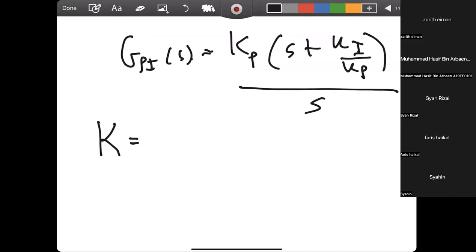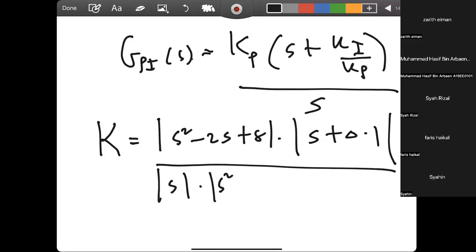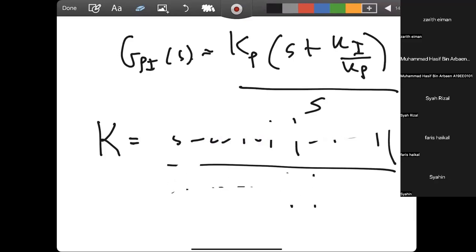In this case, you have to find the magnitude of 1 over G of S, plus the PI controller, S plus 0.1 over S. The zeros are S squared minus 2S plus 8, and the poles are S squared plus 2S plus 2 and S plus 4. So you have to do it like this.